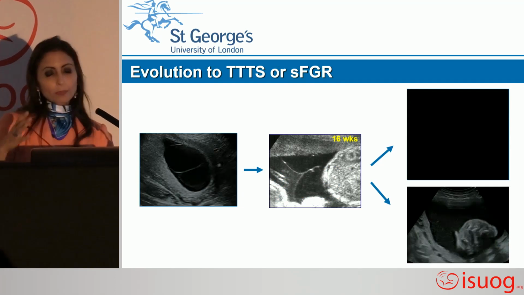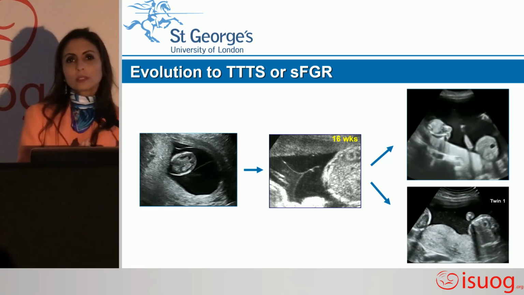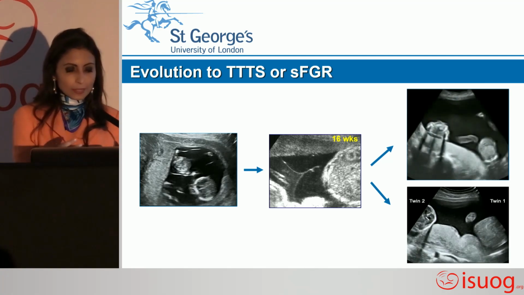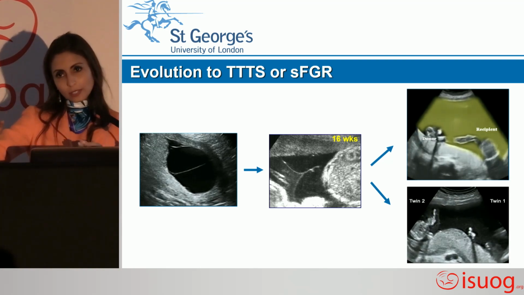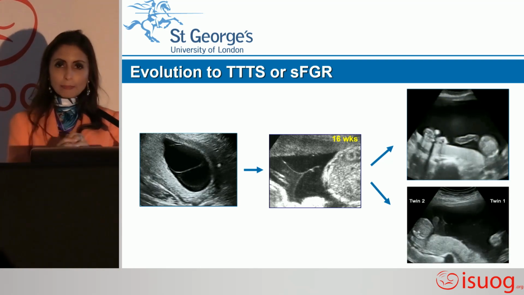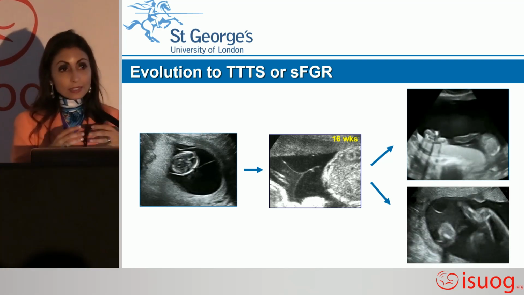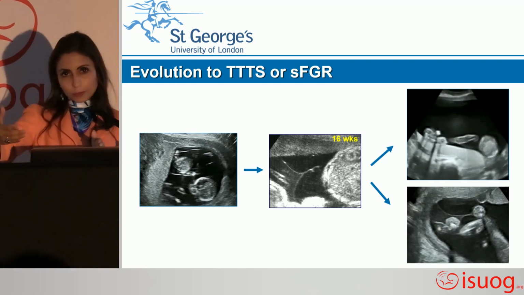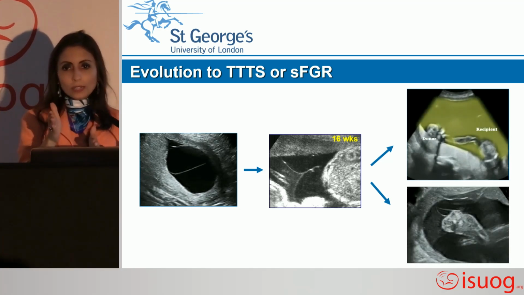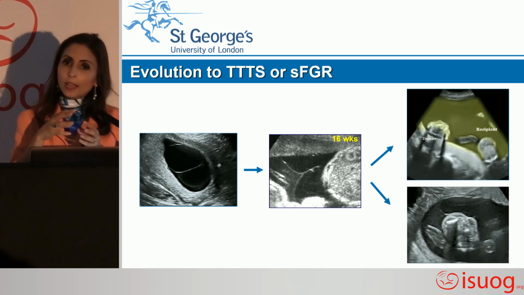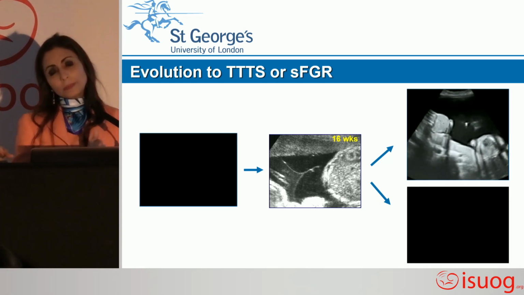But sometimes, from the clinical point of view, you have a woman where you have a discordance in amniotic fluid, discordance in the size, but it's not really bad enough to justify the diagnostic criteria for TTTS, and also not bad enough to justify a diagnosis of selective fetal growth restriction. Some of these pregnancies will go on and develop TTTS and it becomes very clear, but in some of these pregnancies you never get polyhydramnios, and it becomes clear that it's actually a case of selective fetal growth restriction.